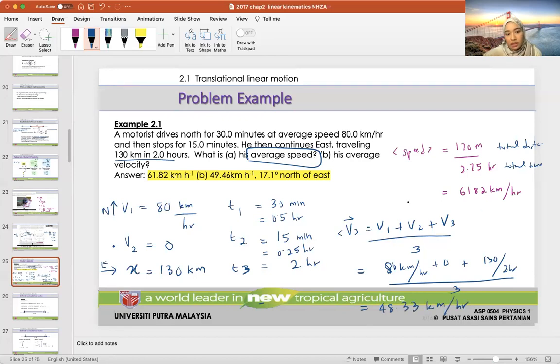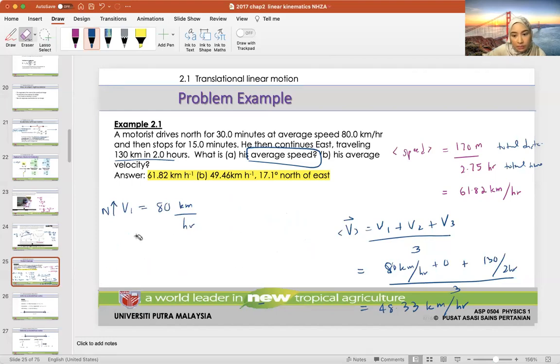Okay, so Molly calculated this average in a simple way: V1 plus V2 plus V3 divided by 3. Actually it is not wrong, but the actual way to be very precise about this is to find the displacement over the total time. That is the most precise way. This one is more like an estimation.